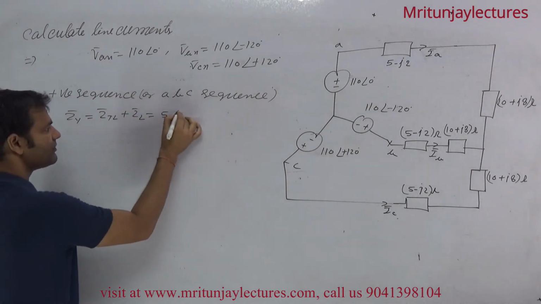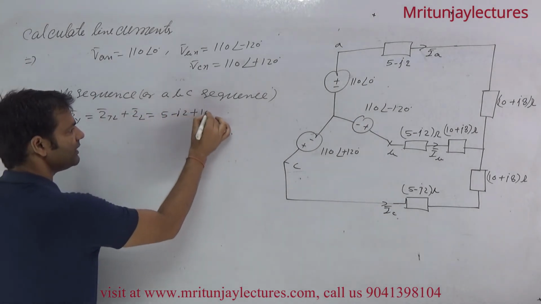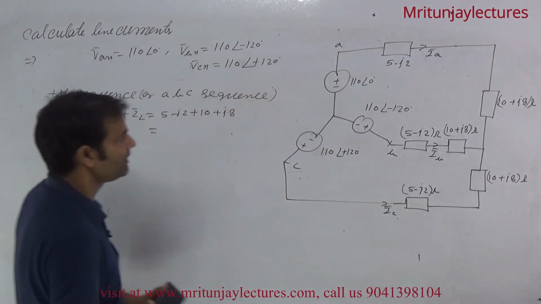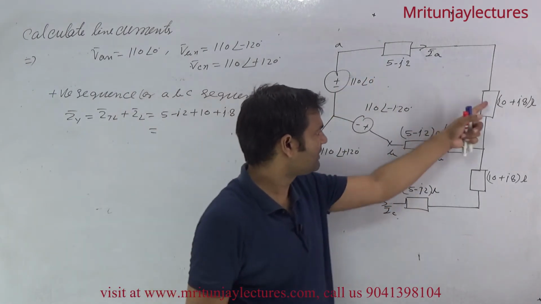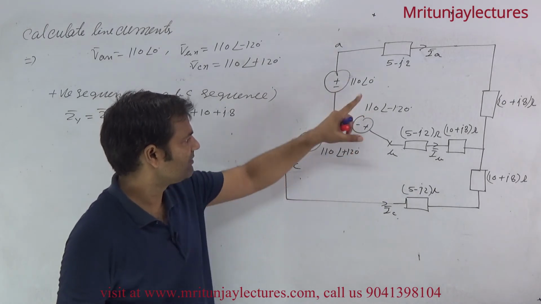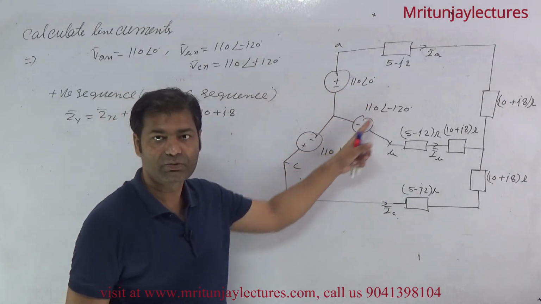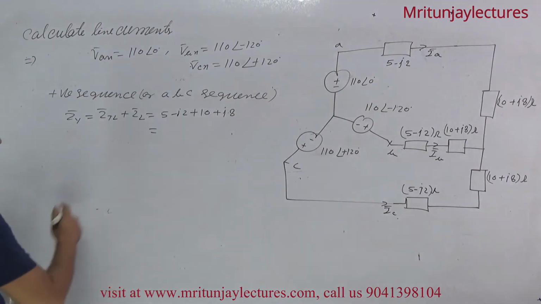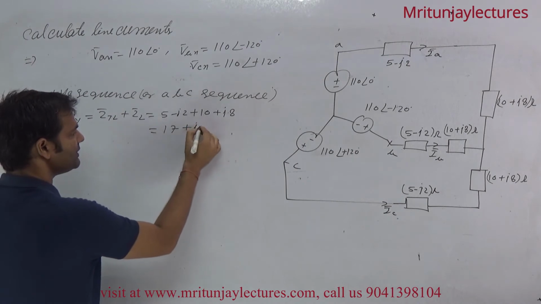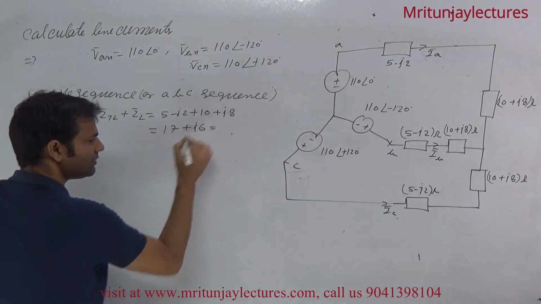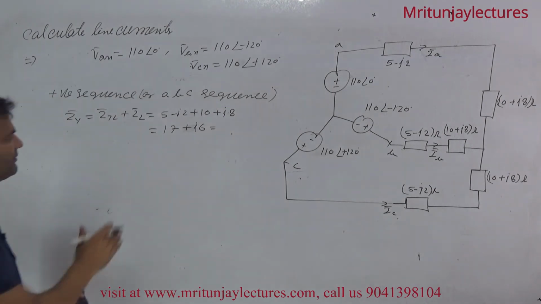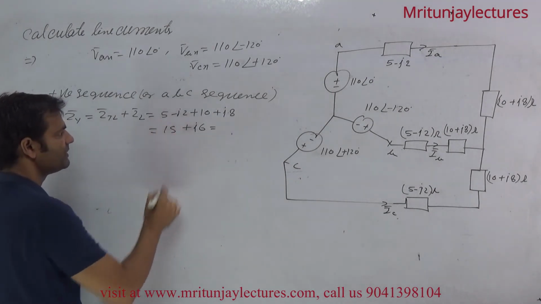So that is 5 plus 10 plus j8, and this is balanced. Balanced means the magnitudes of all voltages are the same, with phase shifting of 120 each. That is 15 plus j6.